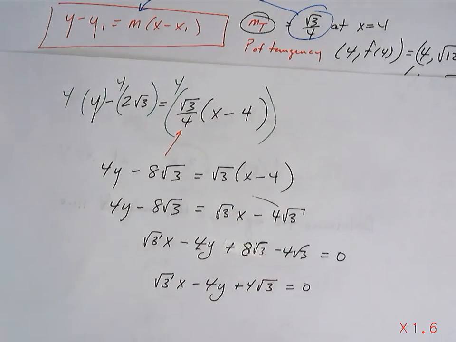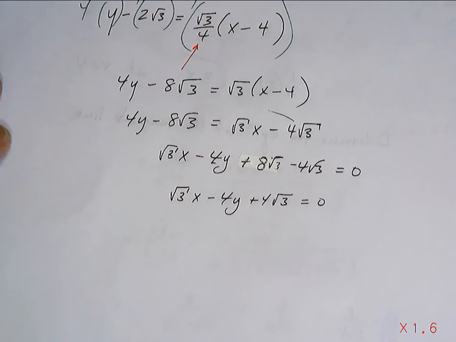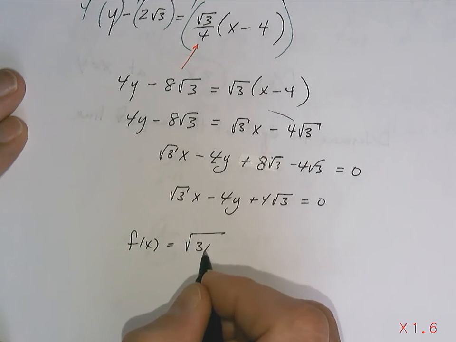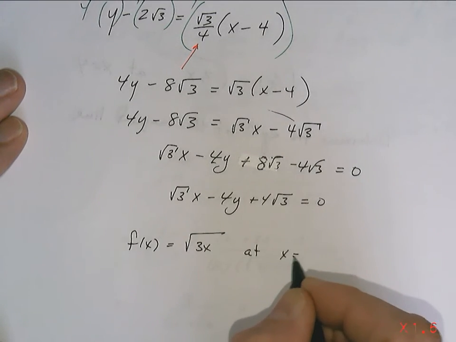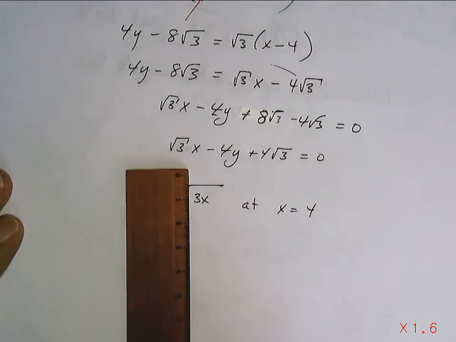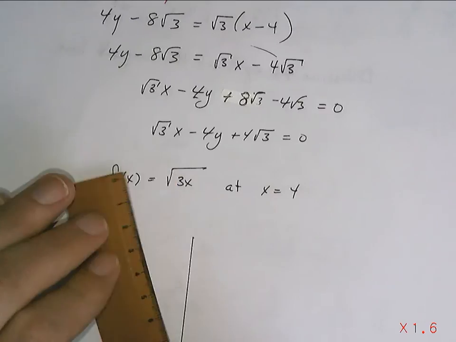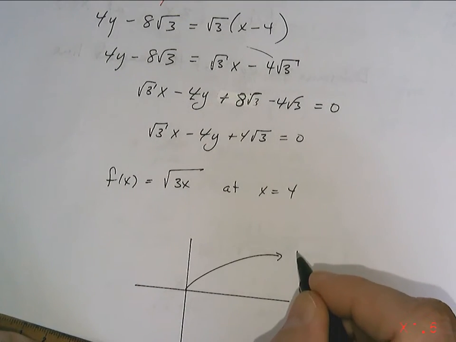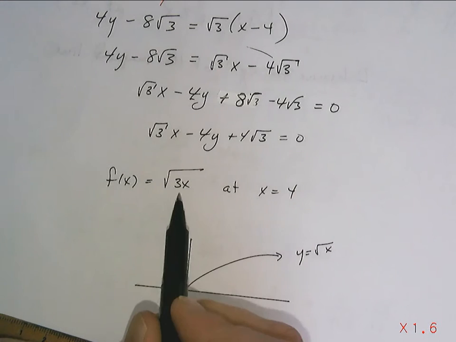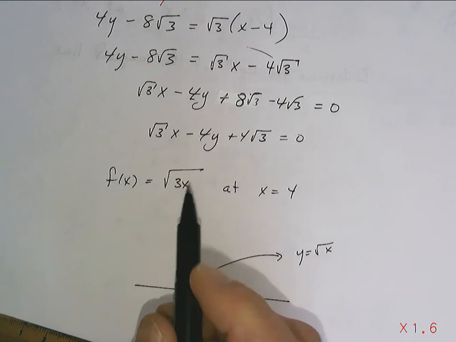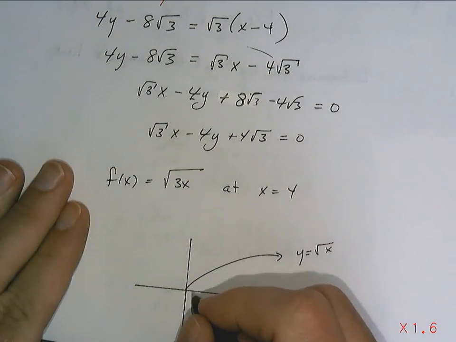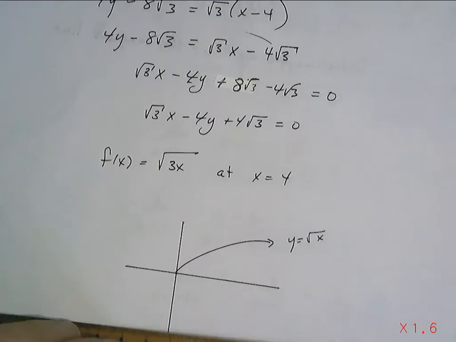And just because I can, let's really make sure that we know what we're talking about. If this is the curve y equals root x, then this is a horizontal compression by 3, which means everything gets squished up like this.